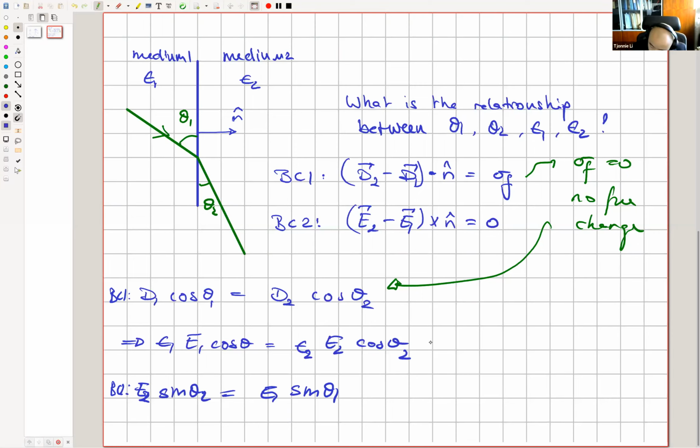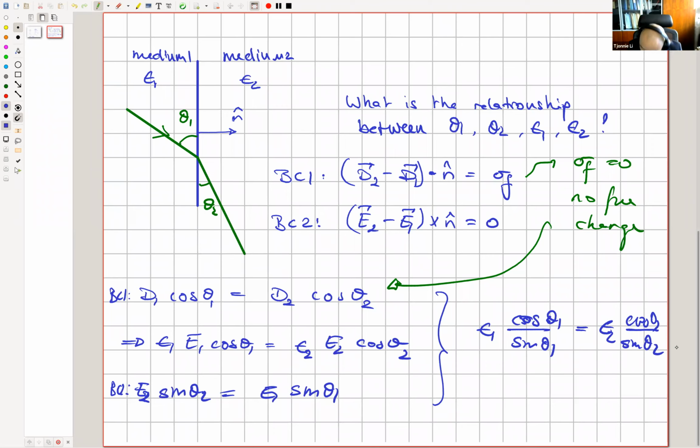Okay, so now, of course, I can combine these two equations, and I can get a relationship if I just divide the top by the bottom. If done well, I think I get epsilon 1 cosine theta 1 sine theta 1 equals epsilon 2 cosine theta 2 sine theta 2.